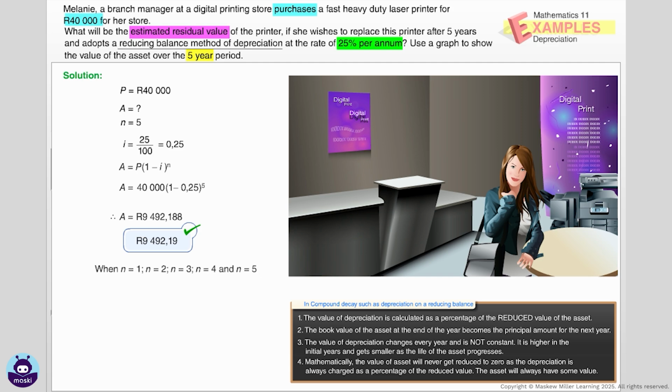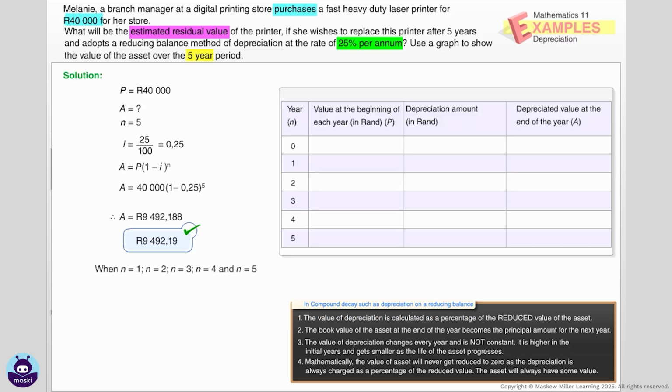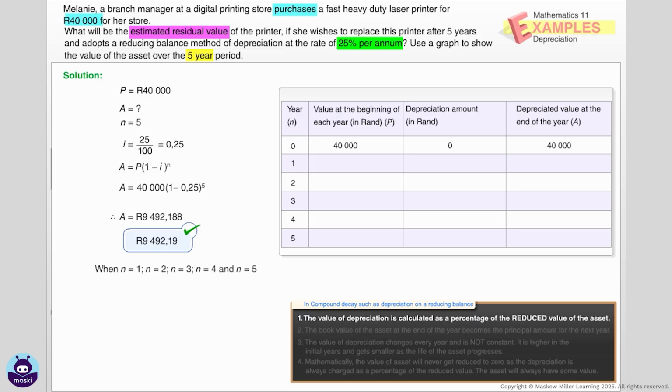Now, to plot the value of the asset on a graph over a 5-year period, we need to calculate the value of the asset at the end of each year. Let us use a table to write down the values at the end of each year. We know that in compound depreciation, the value of depreciation is calculated as a percentage of the reduced value of the asset.